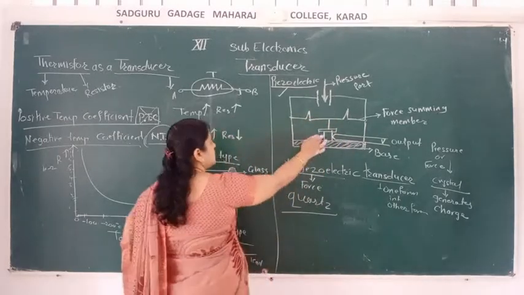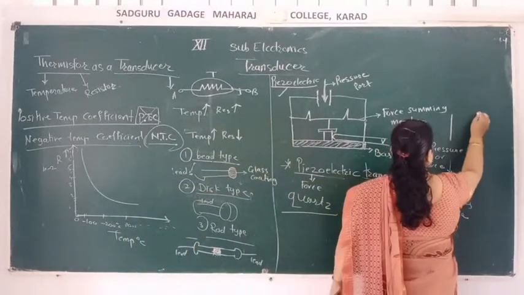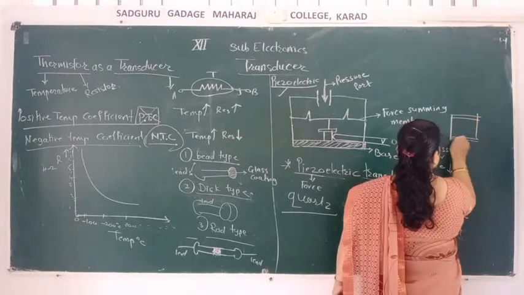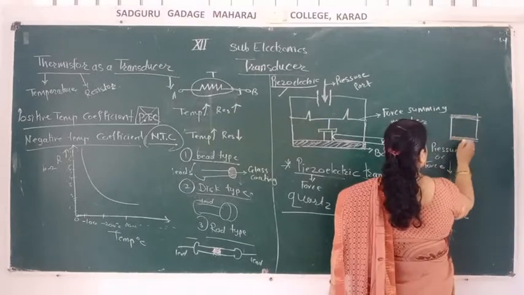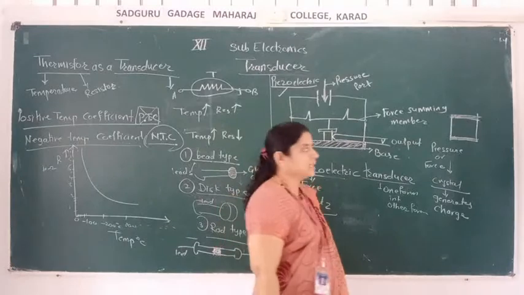Simply, I will draw this diagram in this form also. This is a conducting material, these two are conducting material, this is also conducting material. Two plates are there of a conducting material.